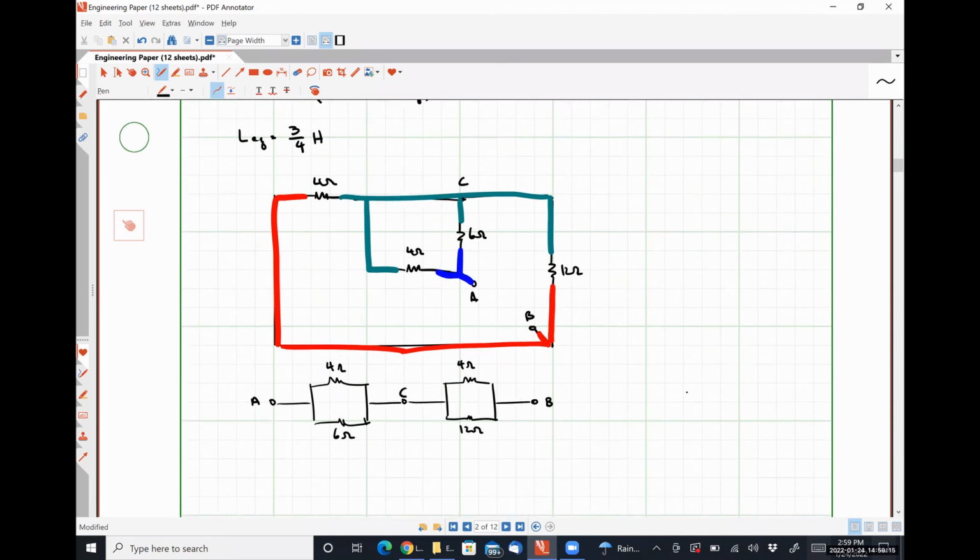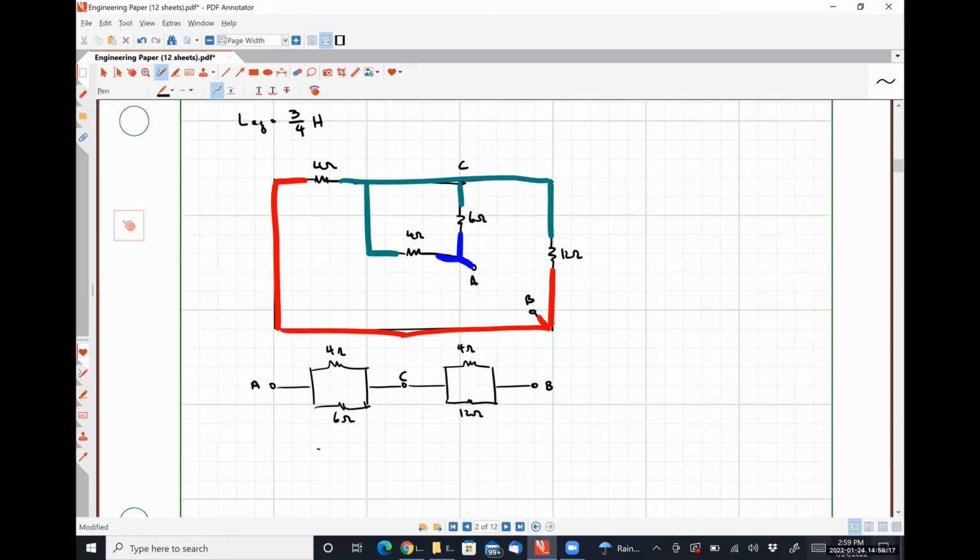So this is going to look like 24 over 10 plus 48 over 16, which is 2.4 plus 3, 5.4 ohms, if my mental math is correct.